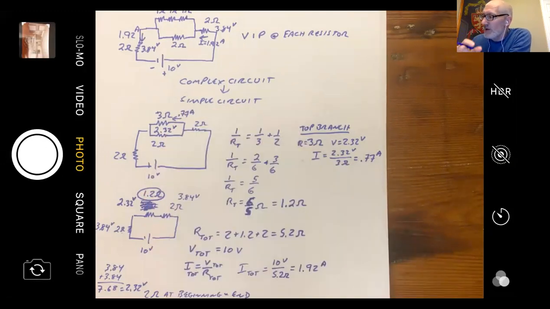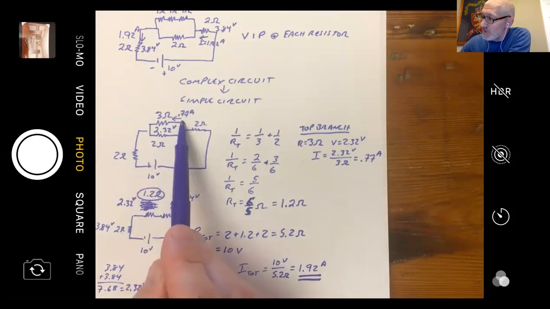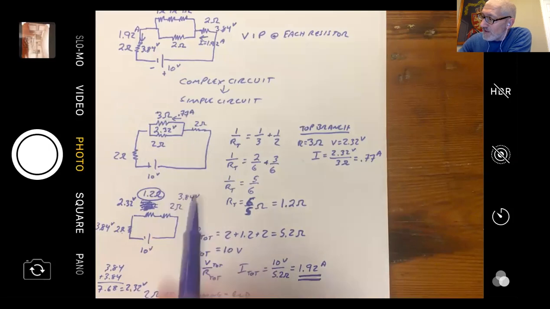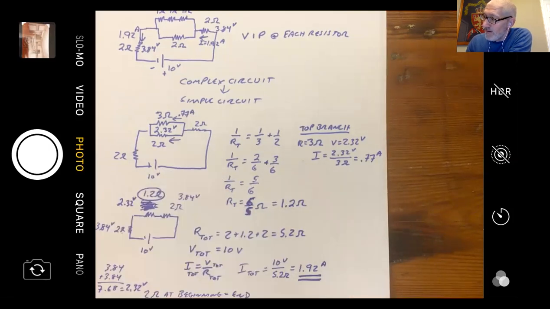How much total current did we know we had in the circuit? The total current we had was 1.92. So when we get to this part where it splits out, 0.77 amps goes up here. How could I figure out how much current goes through this bottom part? Subtract 0.77 from 1.92. Perfect.